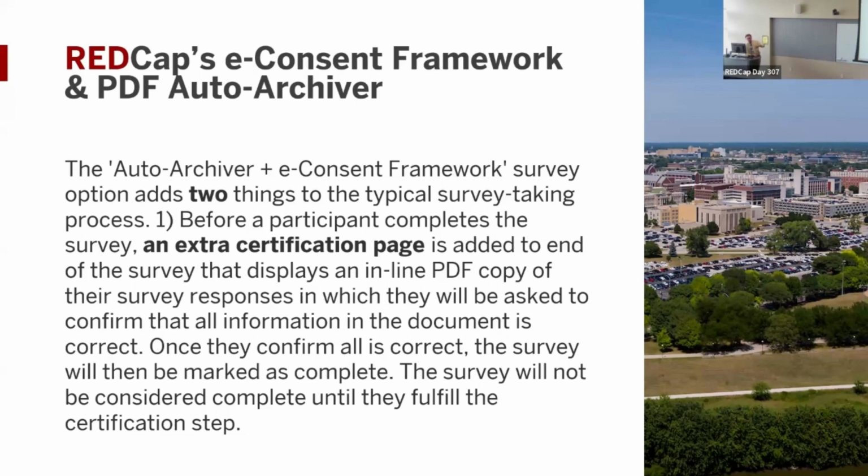Once a participant completes whatever information you've set up in the survey, once they've filled out the eConsent survey form itself, they're going to click to go to the next page. And the very last page, if you're using the eConsent framework, is instead going to be a certification page that has an inline PDF displayed inline, and the participant will be able to see all of their responses, and they're going to check that for accuracy.